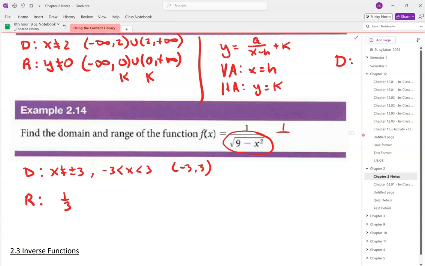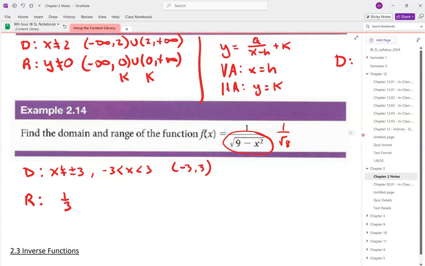Now, if I say let x be 1, the denominator now, is that going to be bigger than 3 or less than 3? Less than 3, right? It'd be like the square root of 8.